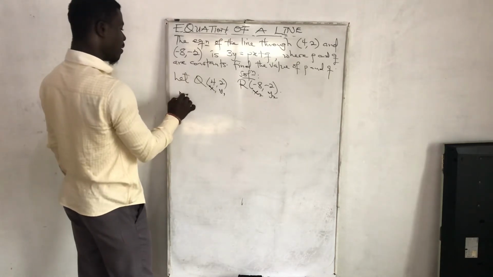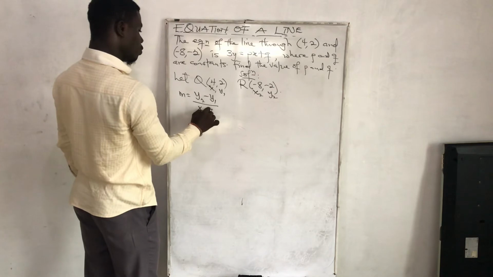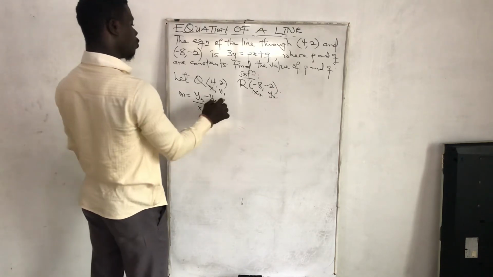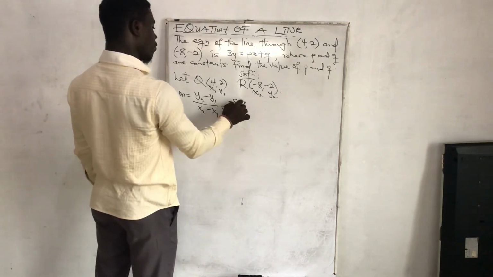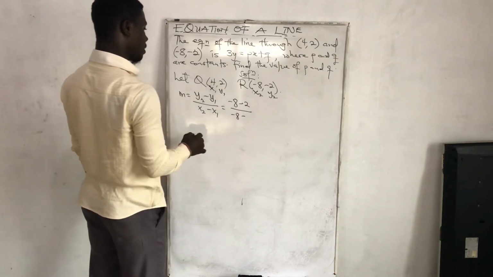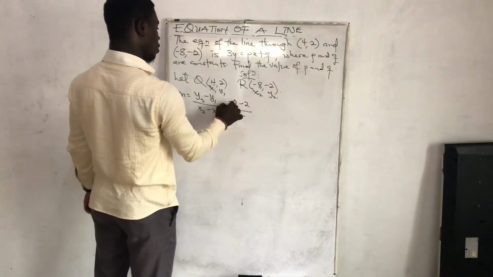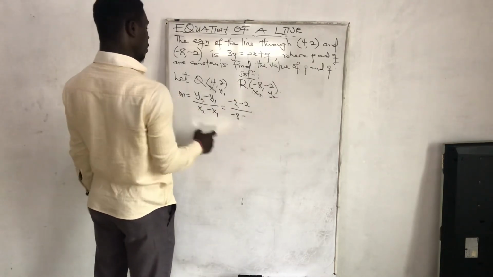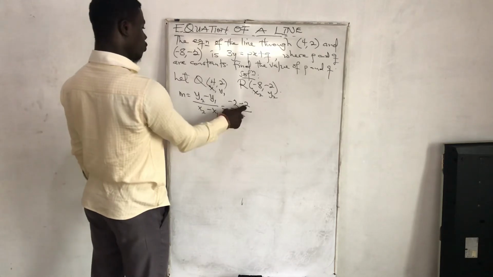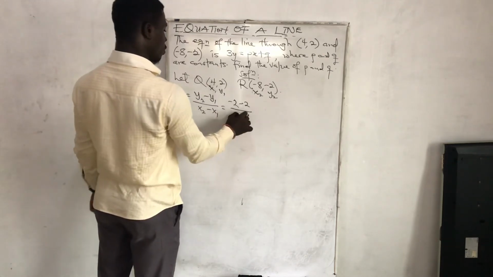So m equals y2 minus y1, all over x2 minus x1. y2 is -2, minus y1, 2, all over x2, which is -8, minus x1, which is 4.